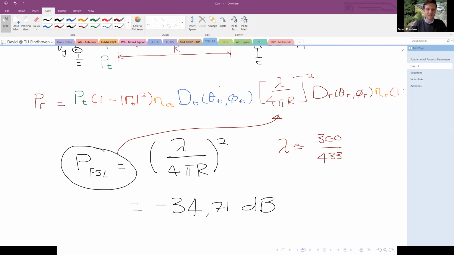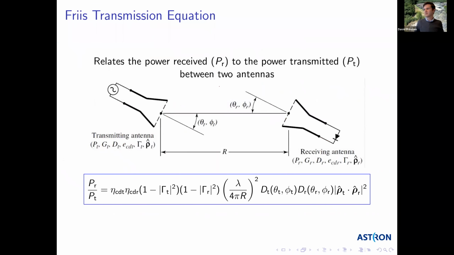The reason for that is this expression that we see here, the Friis Transmission Equation, assumes that your antennas are in the far field. So then you have the far field approximations that apply, and hence you can assume a spherical expansion of your field.